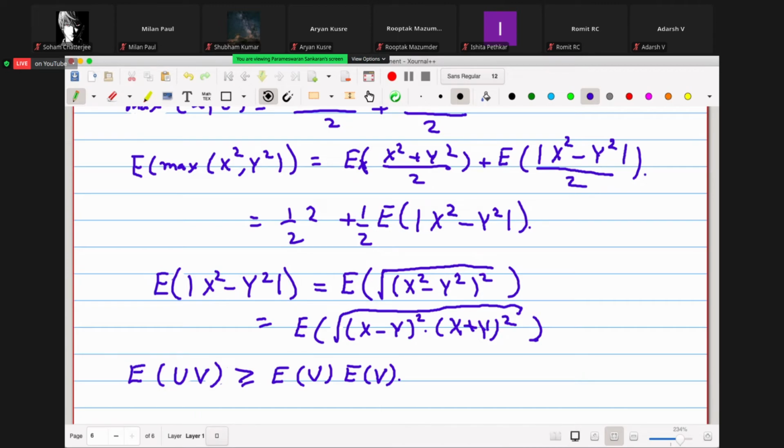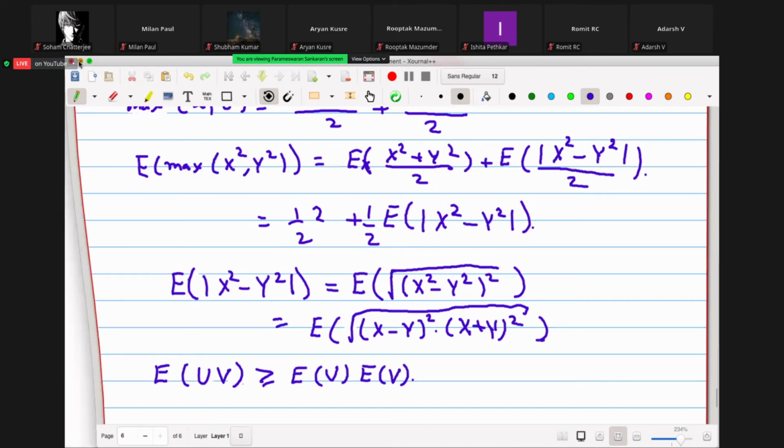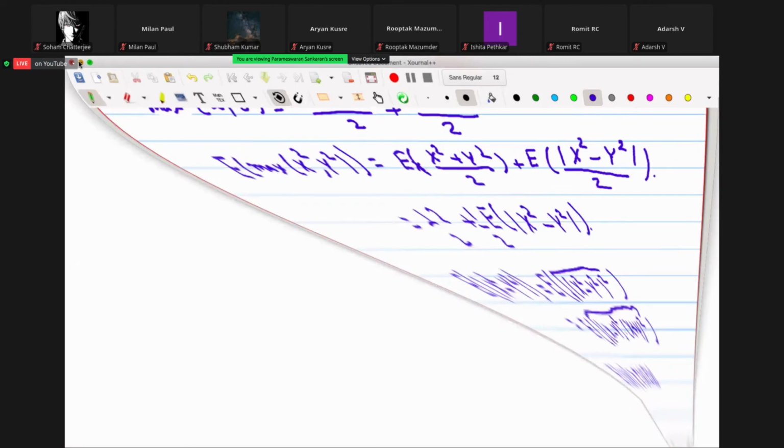I forgot what the thing is. So this is just coming from the Cauchy-Schwarz inequality, which is what I was trying to write.